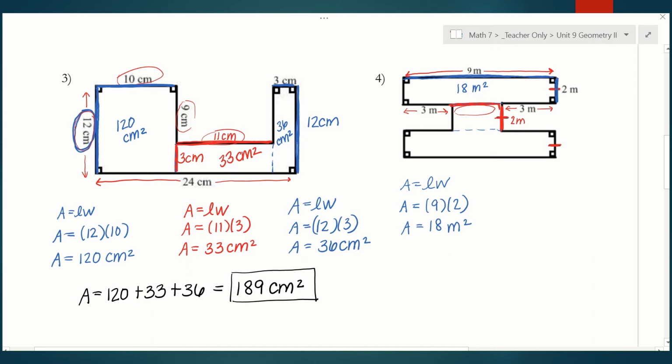Okay, because those 3 things together need to make 9. Well, 3 plus 3 is 6, and 6 from 9 is 3. So that side must be 3. So now I know the length and width of that rectangle. So I can say 3 times 2 is 6 meters squared. So that in the middle there is 6.